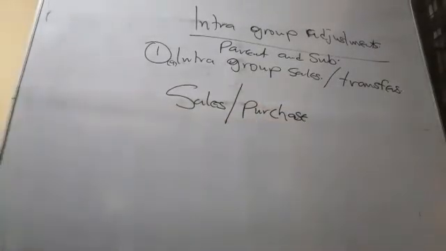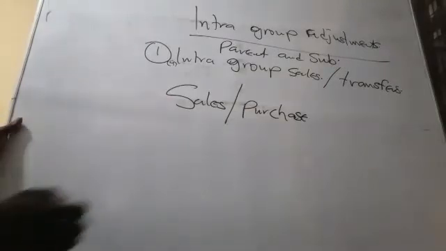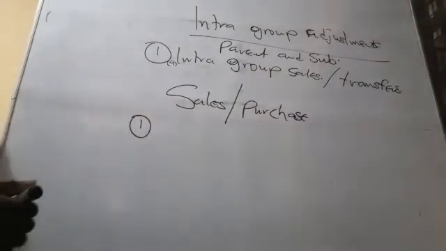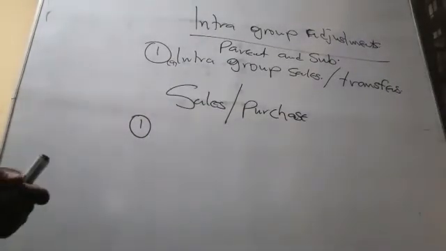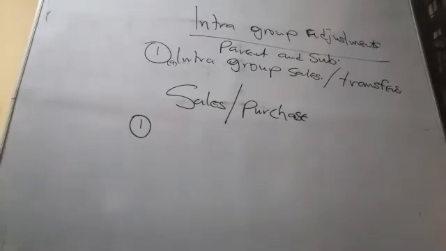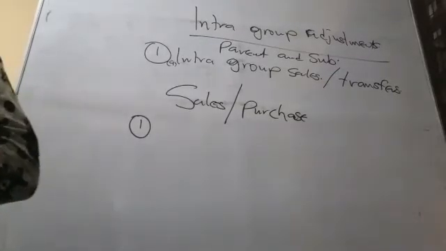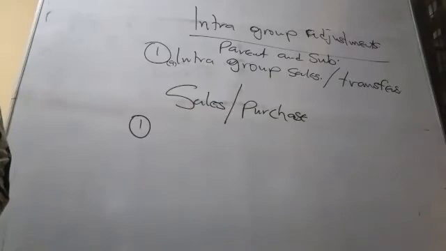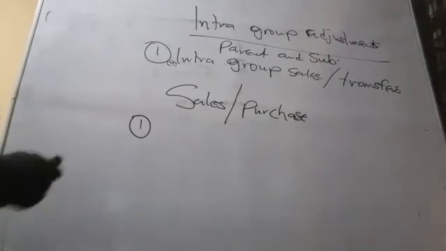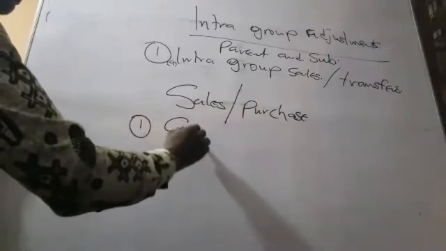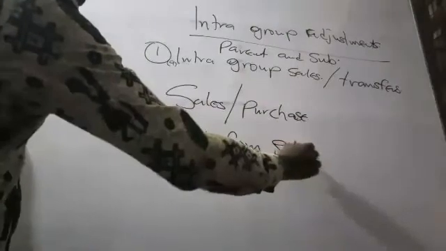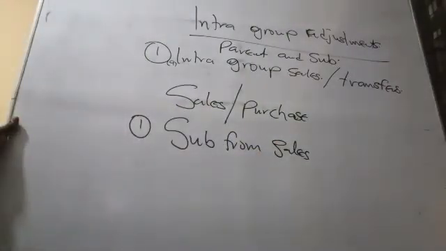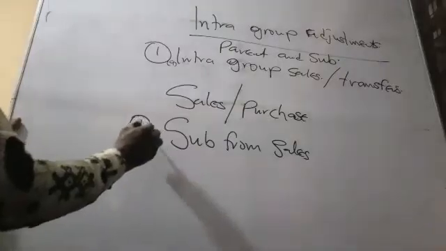Accounting treatment number one: the entire sales must be eliminated from both the seller's and the buyer's books, because you can't sell to yourself. So first, subtract it from sales, if you are doing consolidation for profit and loss.